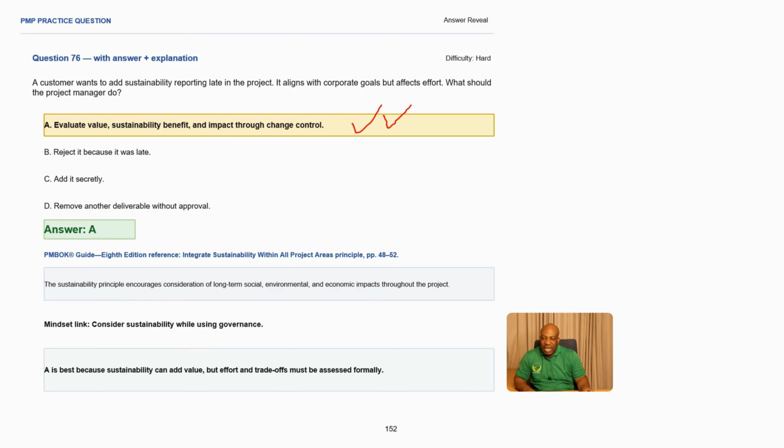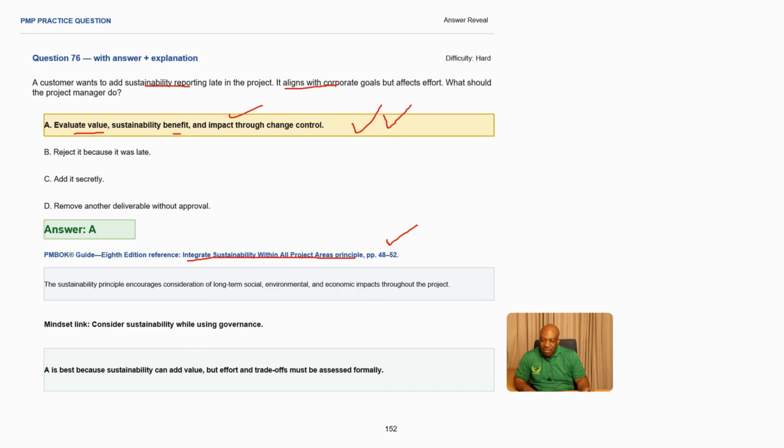Even if this is aligning with corporate, you still need to evaluate value, benefit, and also the impact for this sustainability reporting. What is our link to our PM book? Integrate sustainability within project area principles, which is page 48 to 52. What does it say?